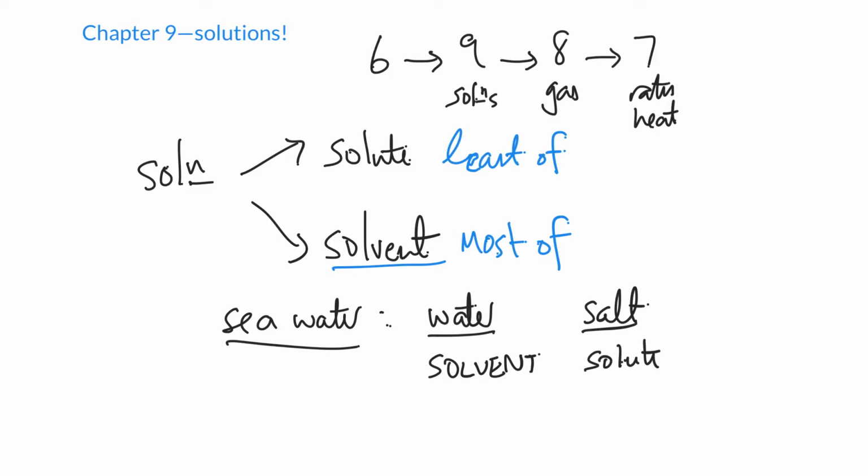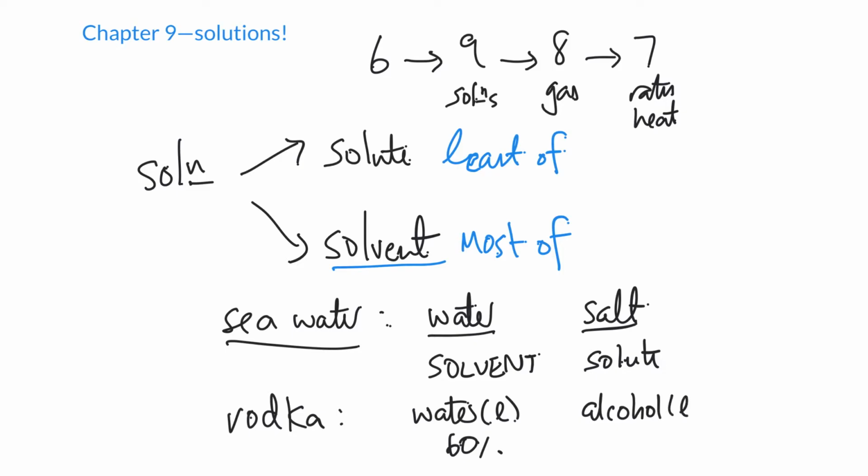We can have other solutions as well. An example of another solution might be something like vodka. Vodka is a solution that, again, primarily consists of water, about 60%, and the rest of it is alcohol, about 40%.